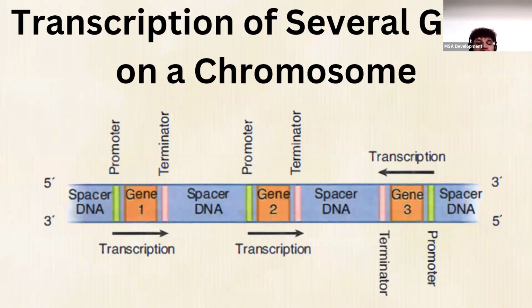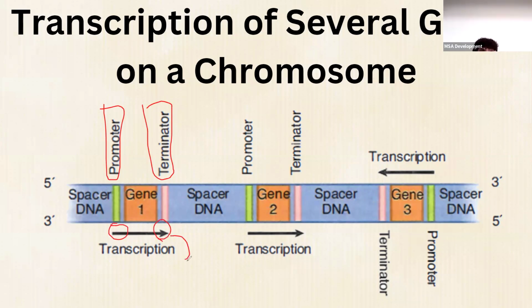Now, transcription of several genes on a chromosome. First off, let's look at what promoter is and what terminator is. The promoter will promote the activity of the RNA polymerase, so the RNA polymerase will begin transcribing here. Terminator is the termination signal where the RNA polymerase will leave.